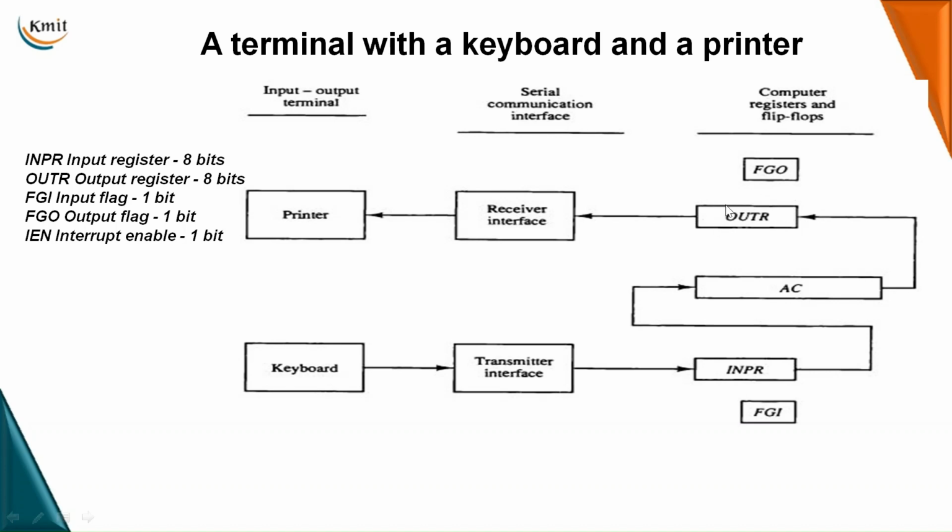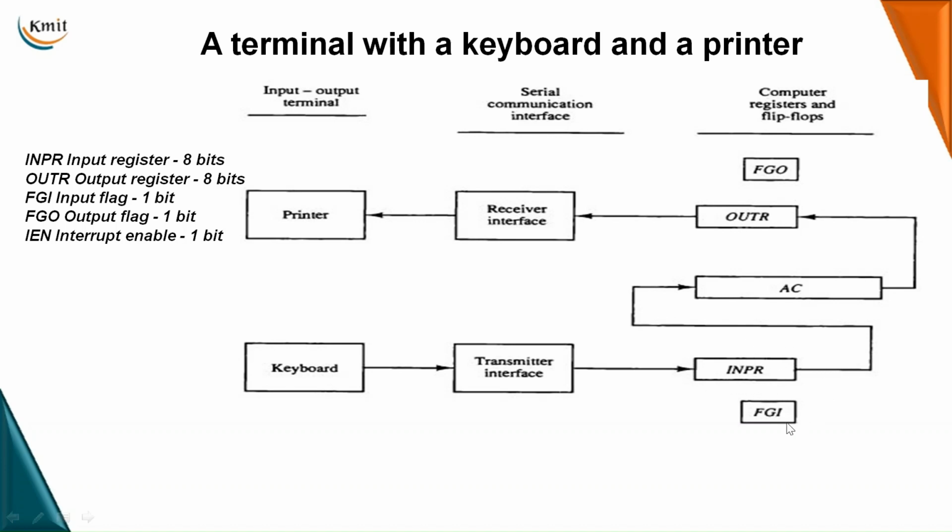If the FGO flag is set to 1, it means the output register is free. So now the 8-bit information from the accumulator is transferred into the output register. And it sets the flag bit to 0 because now the output register has content. From the output register, through the receiver interface, it is displayed to the user through the printer.